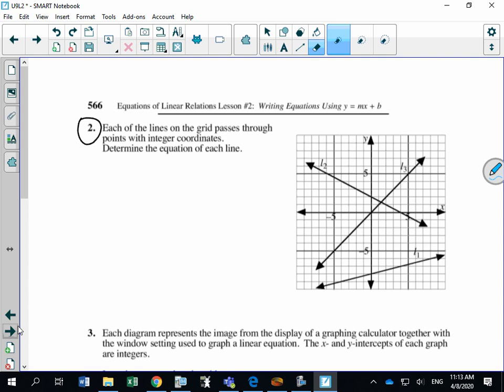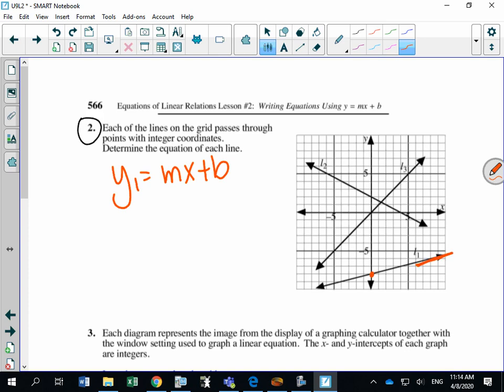I want you to do question number 2. So remember, for question number 2, if I'm going to do line 1, mx plus b, always start with your y-intercept. So that would have a y-intercept of -8, mx minus 8.